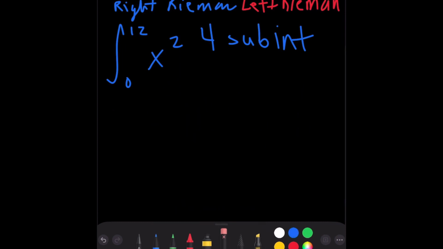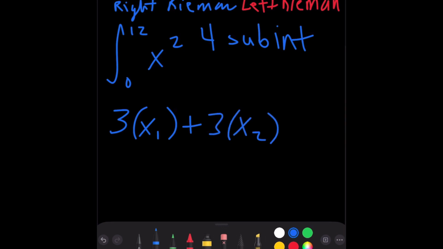Now, when we are evaluating a right-Riemann sum, we will take that equal subinterval of 3 and multiply it by our function value at each right endpoint. For this instance, we know that our right endpoints occur at 3, 6, 9, and 12.